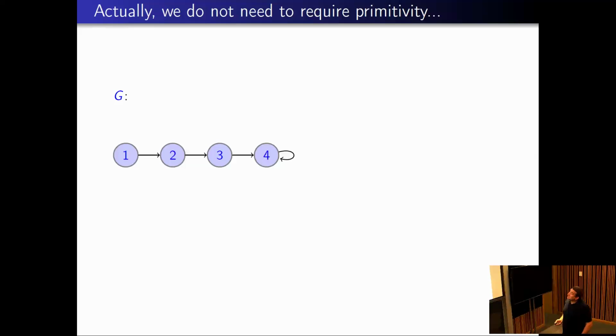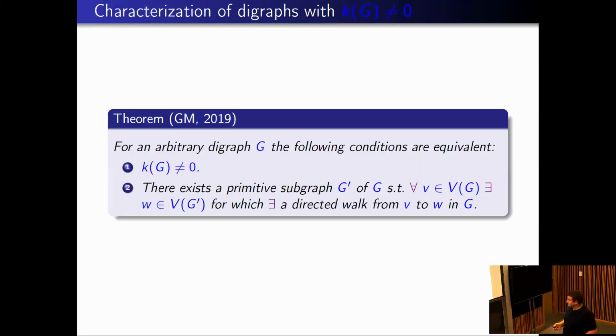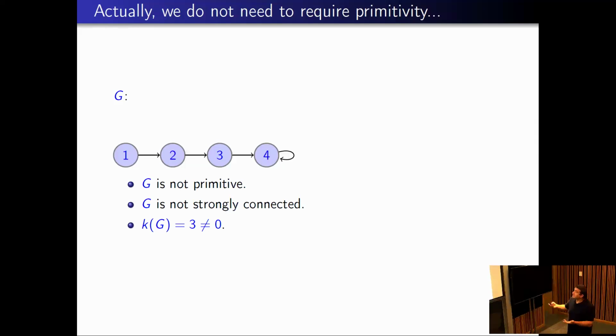So, one could really observe that. In the results of Akelbeck and Kirkland and all these results, we were dealing with primitive matrices, but it's not really necessary to work with primitive matrices. For example, here you could see this simple graph is not primitive.